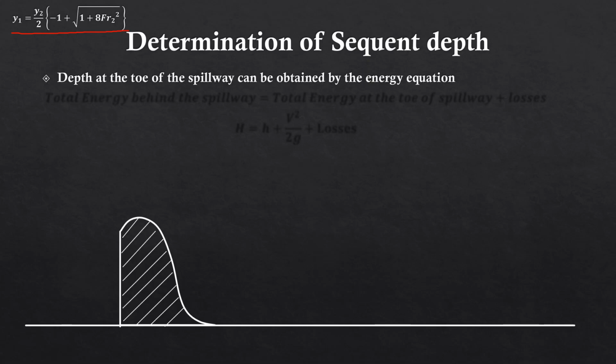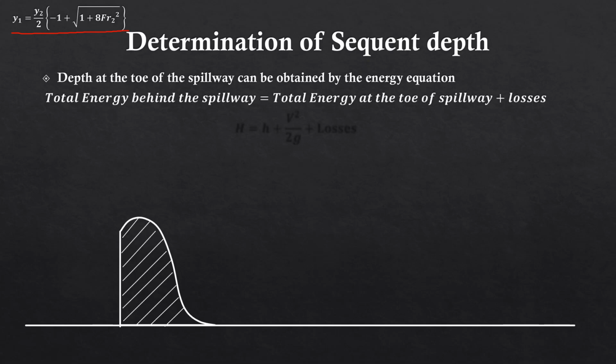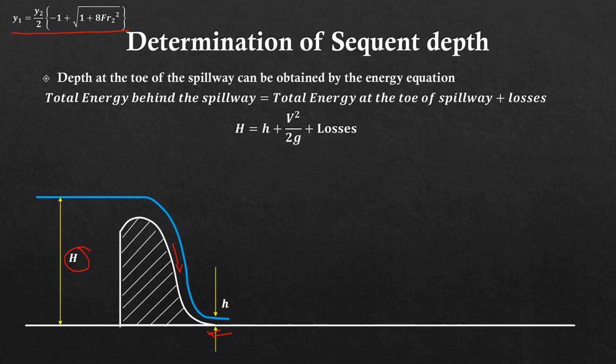By the energy equation, which basically means this: the total energy behind the spillway must be equal to the total energy at the toe of the spillway, when the water has flowed to the downstream, plus whatever losses have occurred. That is, H is the total depth of water in the upstream, and small h is the very small depth of water at the downstream, at the toe of the spillway, plus whatever is the kinetic energy.